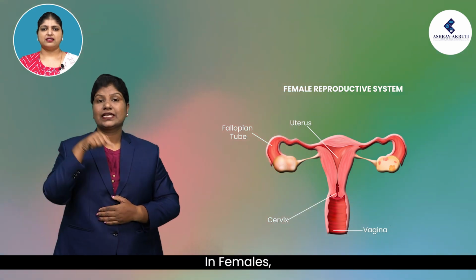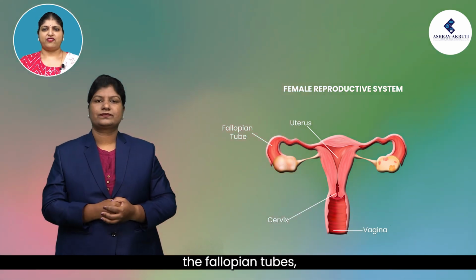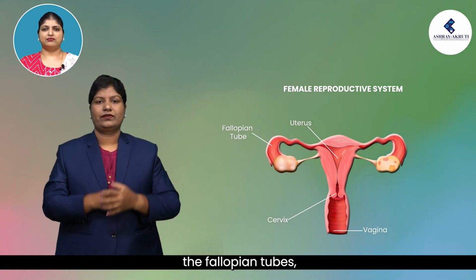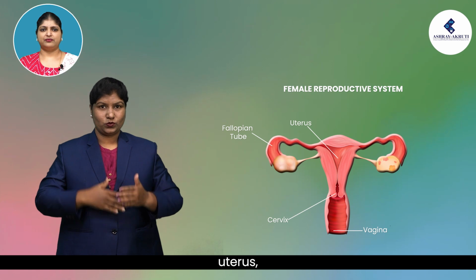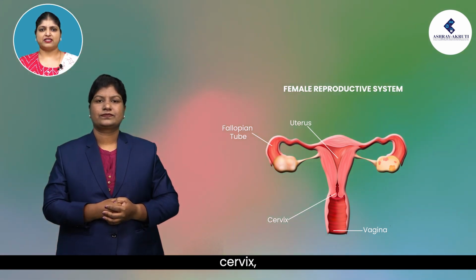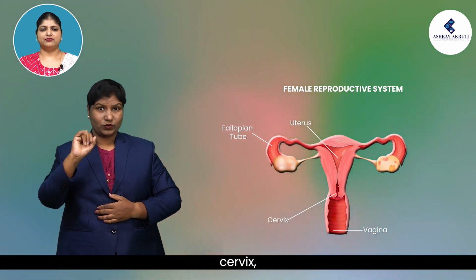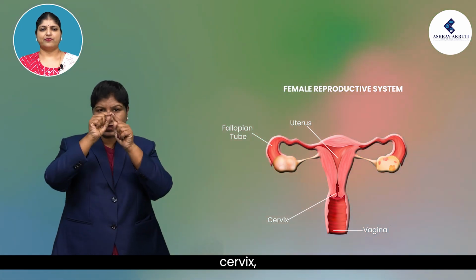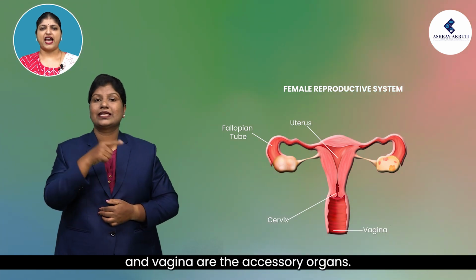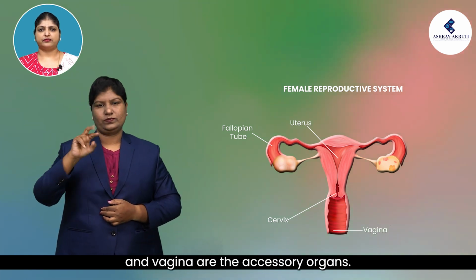In females, the fallopian tubes, uterus, cervix, and vagina are the accessory organs.